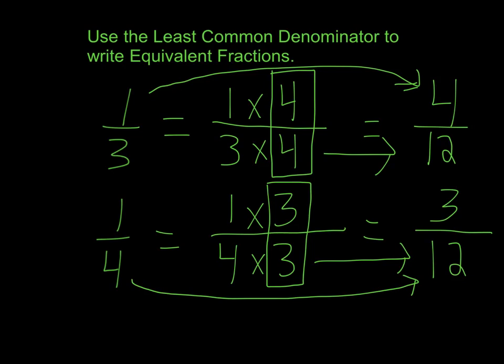For when we multiply 1/3 by 4/4, or 1 whole, we get 4/12, which is a value equal to 1/3. And the same can be said when we multiply 1/4 by 3/3, or 1 whole, we get a value equal to 3/12, which is equal to 1/4.